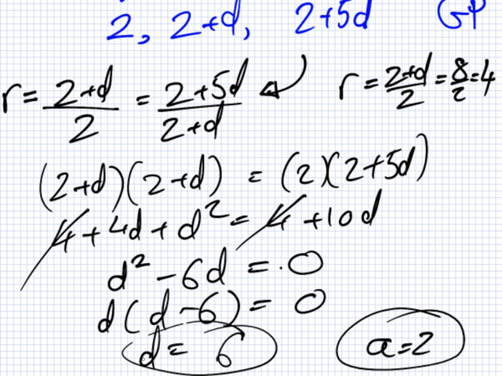So I've given you information which is not right in the question, I think, unless I made a mistake. 4 plus 4d plus d squared is 4 plus 10d, d squared minus 6d.